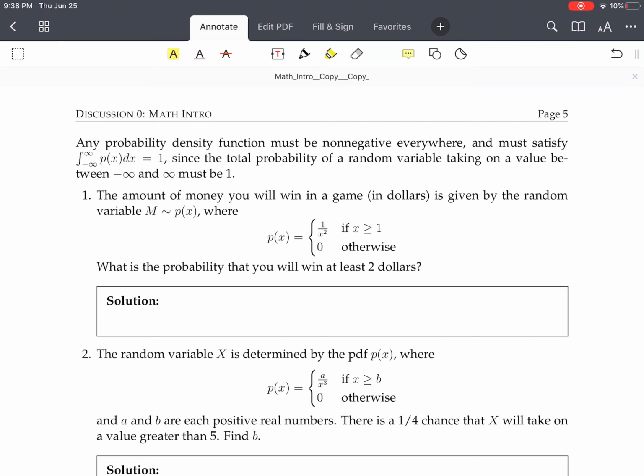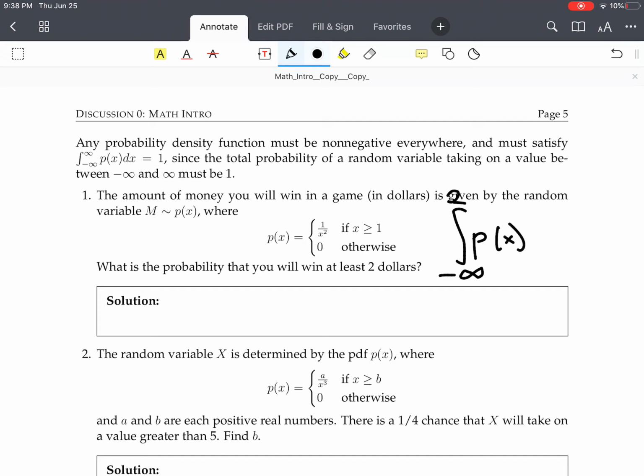Okay? So what we want is essentially the integral from negative infinity to 2 of p of x dx, just like that. However, we know that p of x only has values other than 0 for x greater than 1. So we can change the lower bound of this integral.